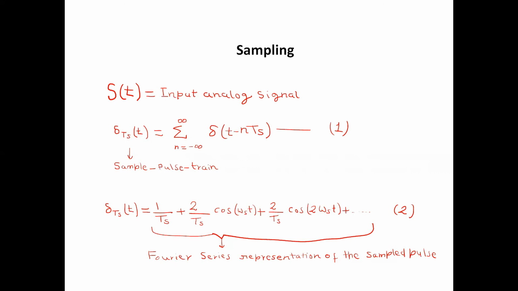This sample pulse train can be represented as a Fourier series like equation 2, where each component is represented as a sinusoidal multiple.